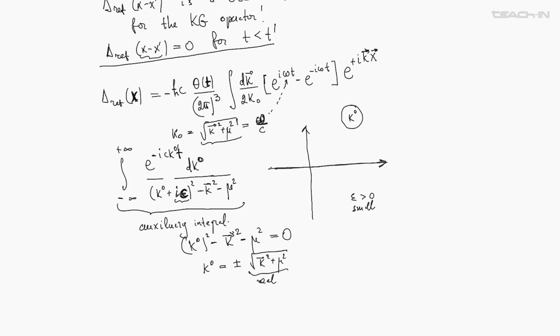One of them is at a positive value, the square root of k squared plus mu squared, and another is at minus the square root of k squared plus mu squared. So if I stay with the original denominator, forgetting the i epsilon term, then I have singularities along the real line.